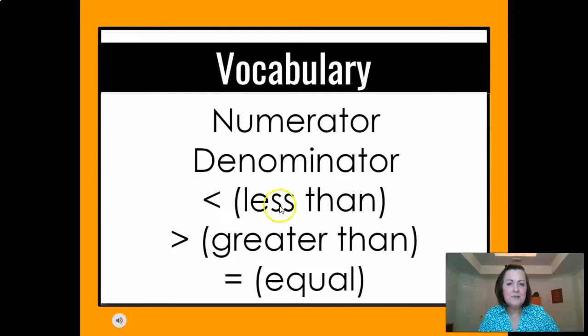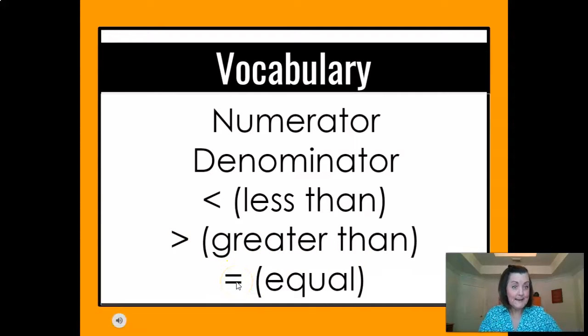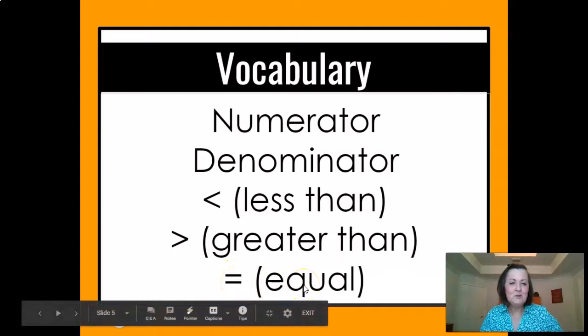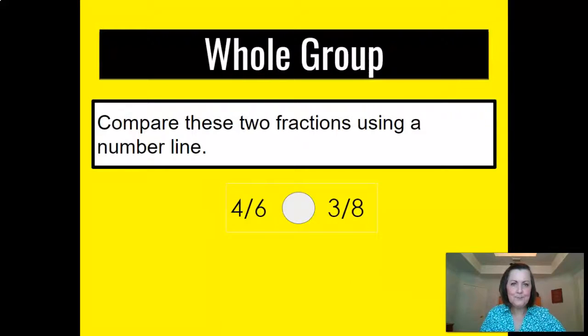This symbol that is opposite, where the opening is greater, will be facing the number that is greater, and the smaller point will be facing the number that is less than, and we read this symbol as greater than. And this symbol here, we have two little lines that are the same, they're equal. This is your equal sign. We're going to use those symbols and words.